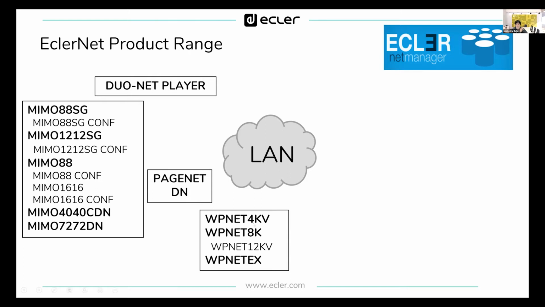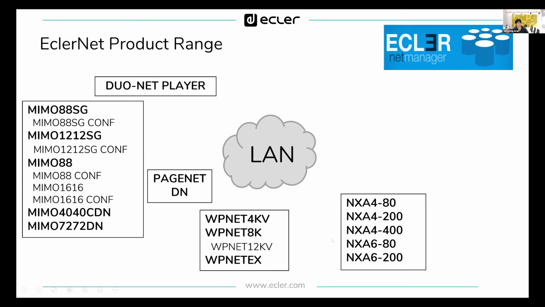We have 4 key V, which is 4 buttons and 1 volume. 8 key, which is 8 buttons. Okay, no encoder. And we have WPNet X, which has extended features. We'll see also what this means. To get to the 12 key V, you just use a 4 key V and an 8 key together. So you can configure it as a 12 key V.